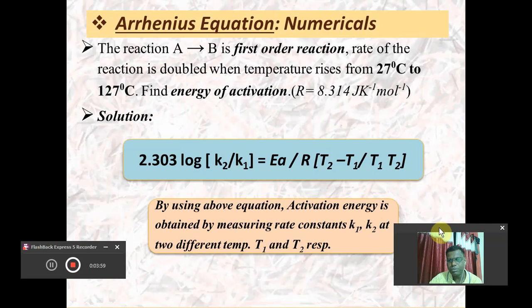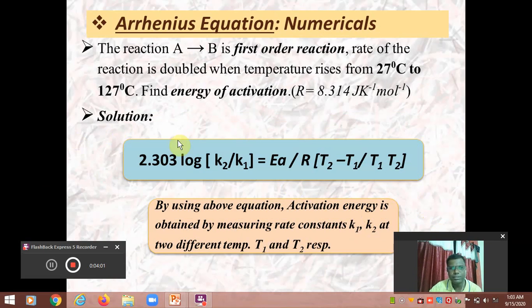Here we will discuss some numericals. The first numerical is: suppose a reaction is given, A gets converted into B. A is the reactant, B is the product, and it is a first order reaction. The rate of the reaction becomes double when the temperature rises from 27 degrees Celsius to 127 degrees Celsius.